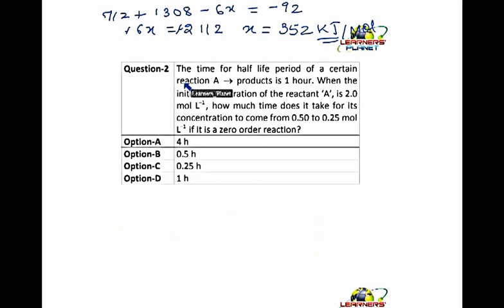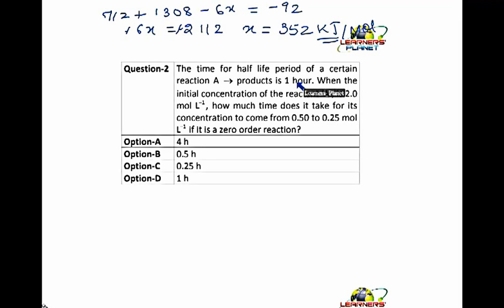Now let's take up the next question. The half-life period of a certain reaction A to products is 1 hour, right? So the products are formed from A and it is 1 hour when the initial concentration of the reactant A is 2, okay?